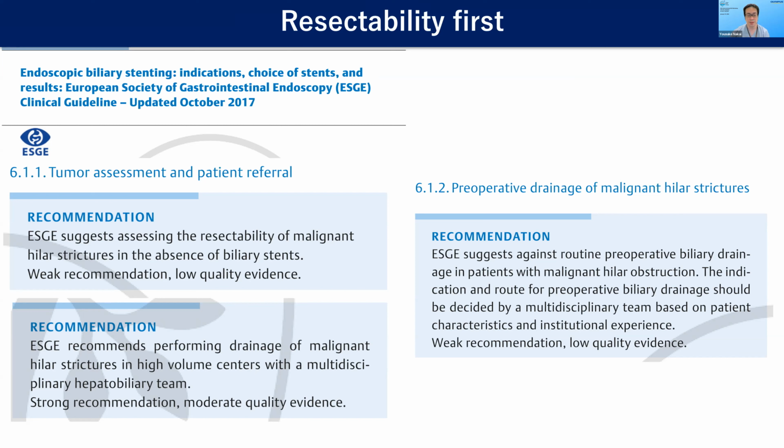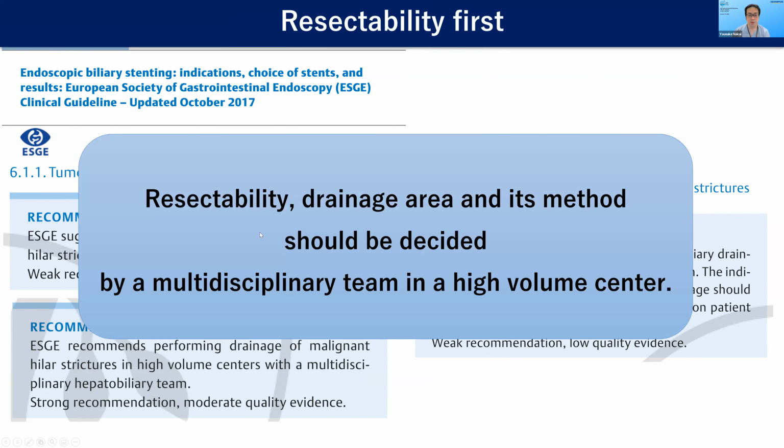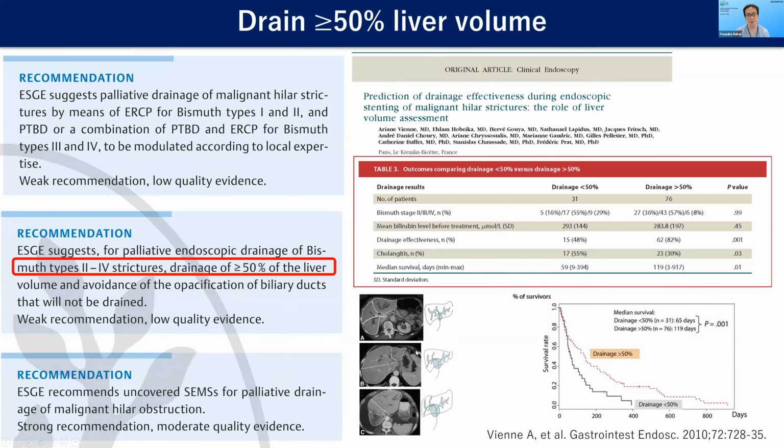So we have to decide resectability in high volume centers. We decide resectability first, then decide the drainage area, and consult with surgeons in high volume centers. And if it's unresectable, then we have to decide what kind of drainage we have to perform.